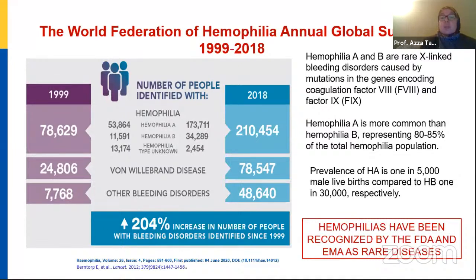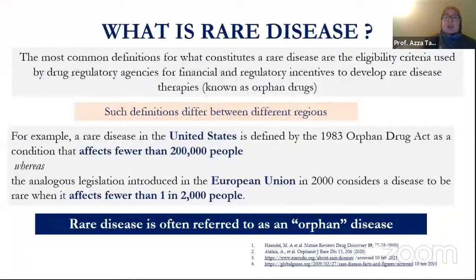I'm going to discuss this because hemophilias in general have been recognized by the FDA and by the European agency EMA as rare diseases. What are rare diseases? Rare diseases are defined by specific criteria set by the drug regulatory agencies to develop rare disease therapies.